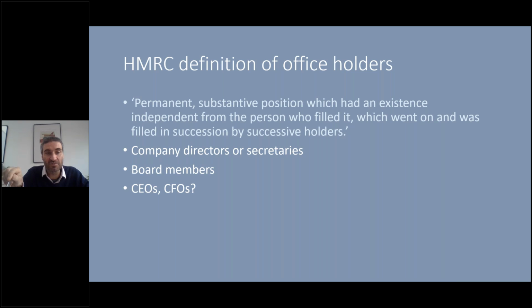Okay, I know I'm going through quite quickly. I said I'd come back to office holders. A few years ago, these rules changed. It was about 2012, and it came about because there was one senior guy working for the student loans company called Ed Lester, who it was discovered was working through his own limited company and being paid in that way.